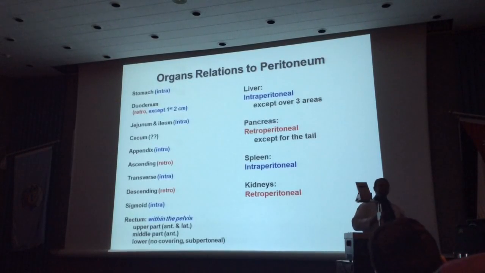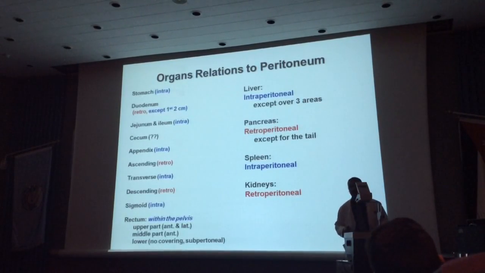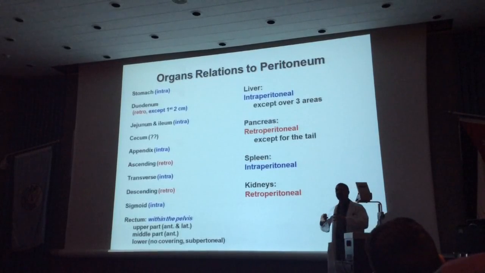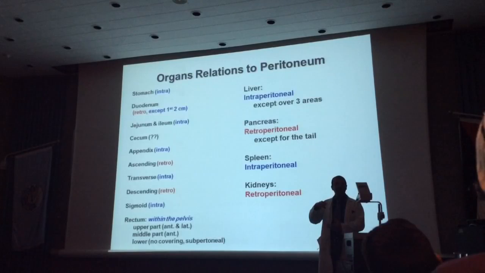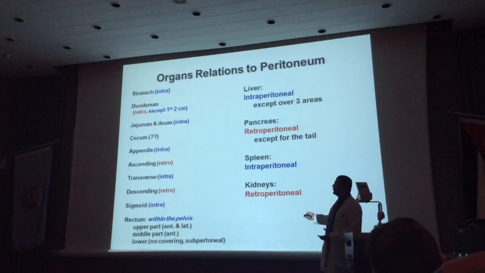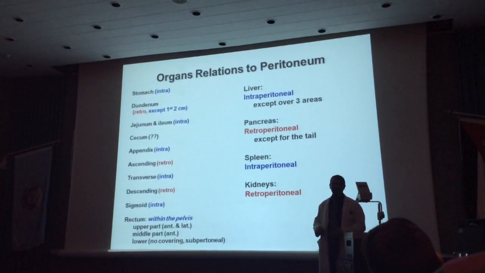Then you have the cecum. The cecum is partially covered by peritoneum. So it's covered, mobile, glistening, but it does not have a mesentery. We call it a transitional state, changing from intra- to retroperitoneal, because the ascending colon is secondary retroperitoneal.